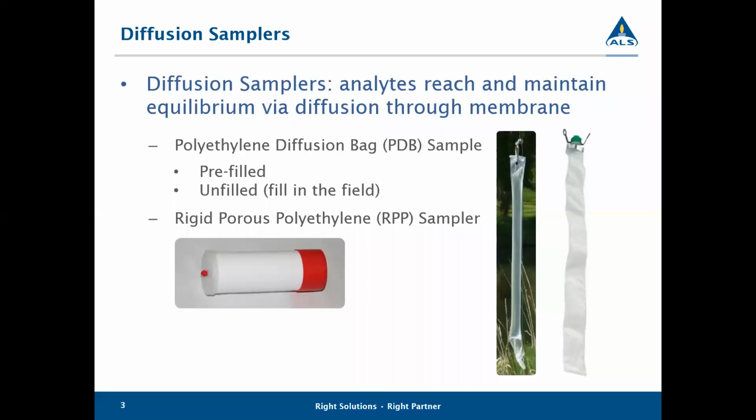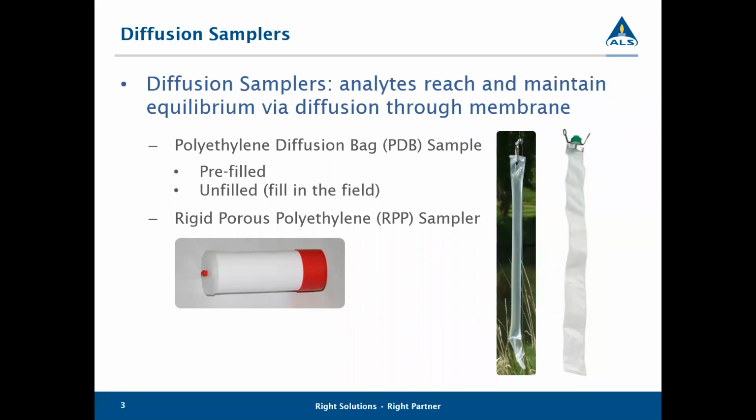Let's talk about some of the diffusion samplers. Now there's probably a dozen, maybe more, different types of passive samplers for water. We'll talk specifically about the two that ALS is able to supply, and these are kind of the original passive samplers for groundwater.